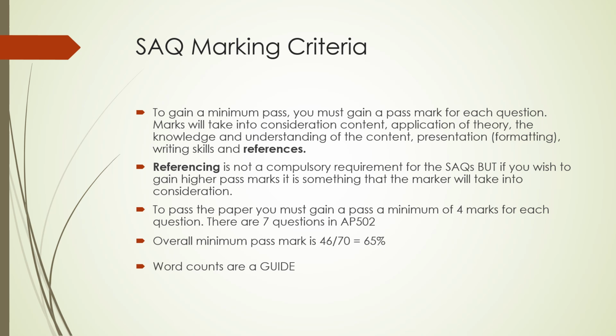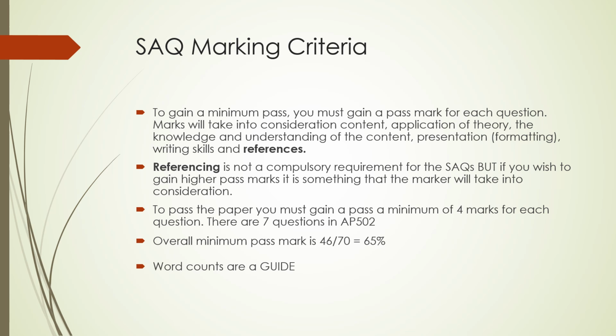So as with previous SAQ papers you may have completed, there is a minimum pass mark. There is a minimum pass mark for each question, and these will accumulate to a minimum pass mark for the whole paper itself. So this question paper is out of 7 questions. Each question is out of 10, so a maximum of 70 marks.